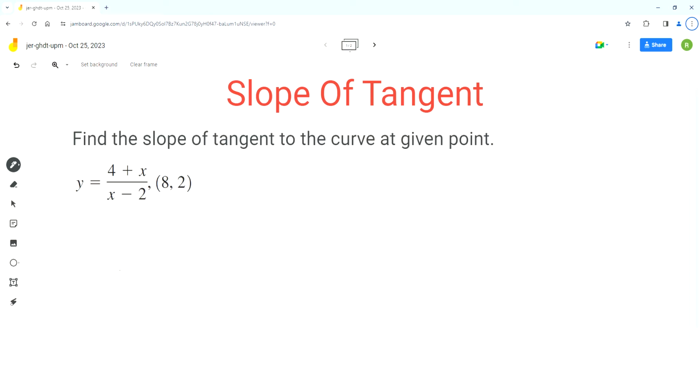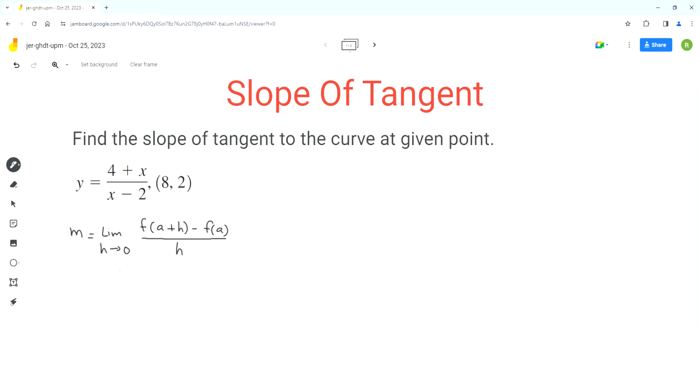So that formula is m equals limit as h approaches 0 of f(a plus h) minus f(a) over h. Now a here represents the x value at which we have to find the slope of the tangent to the given curve.